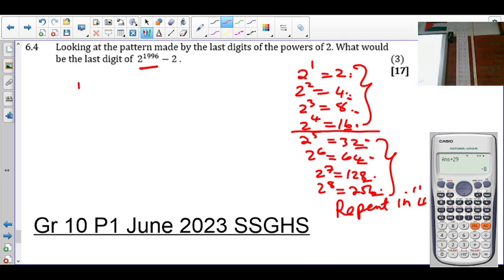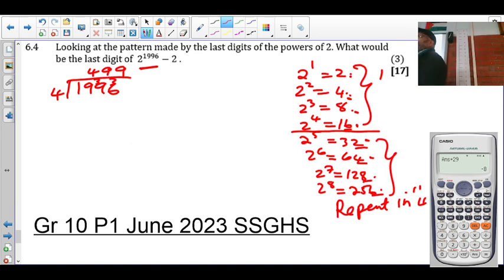So if you look at 1996 divided by 4. 4 goes into 19 4 times, carry 3. 4 goes into 36 9 times. So how much is the remaining? 0. If the remainder was 1, the units digit will be 2.